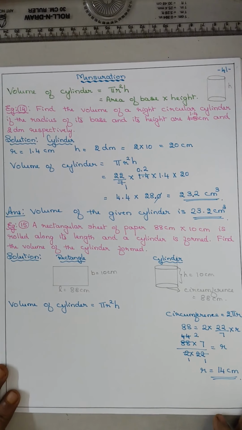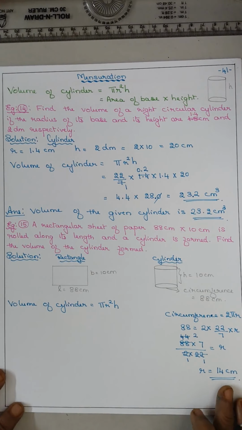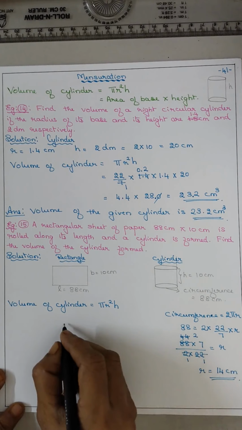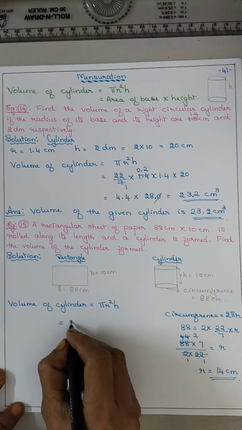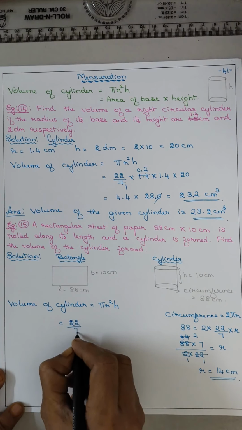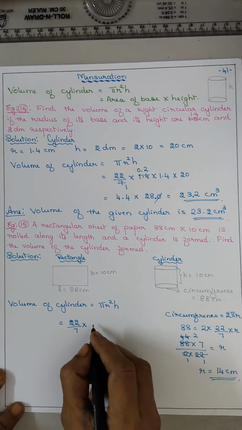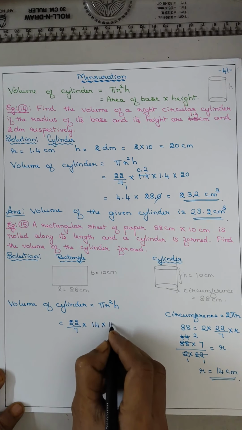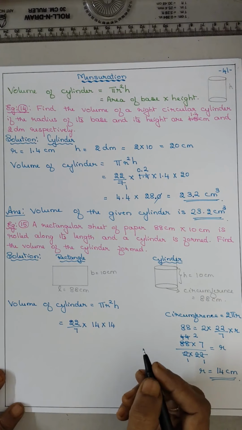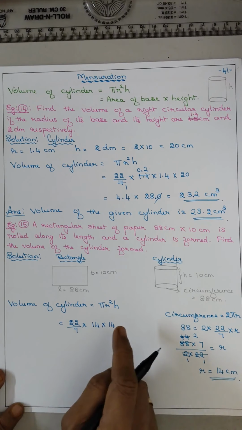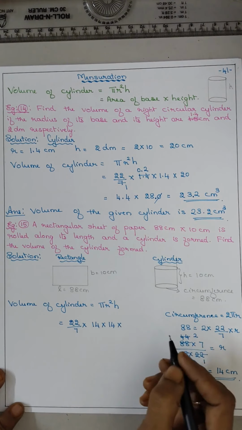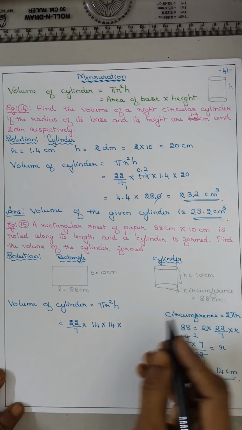Understood? So you got the radius. Now put the value here. It is pi is 22 by 7, r squared, r 2 times. Don't take the square of 14 and all. You write 2 times, then h, how much is given?